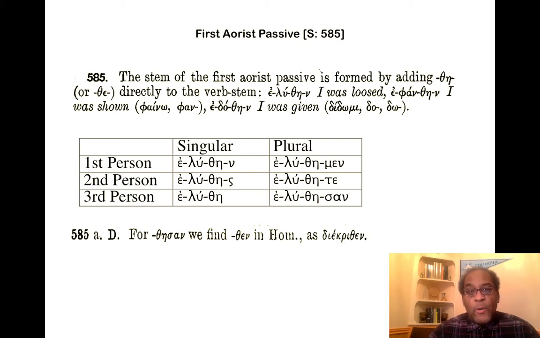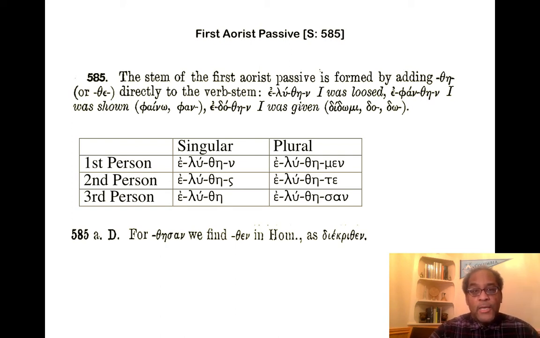And those are from luo, pino, and didomi, respectively. So we end up looking at the inflection of luo in the first aorist passive with elutein, elutes, elute, elutemen, elutete, elutesan.